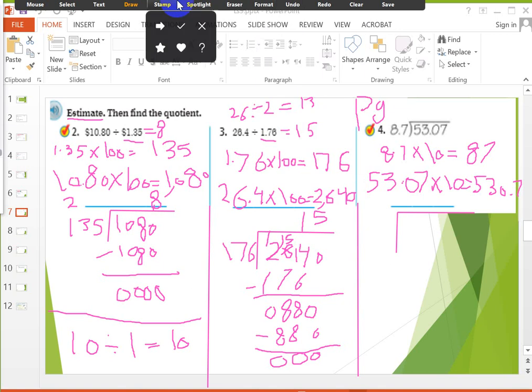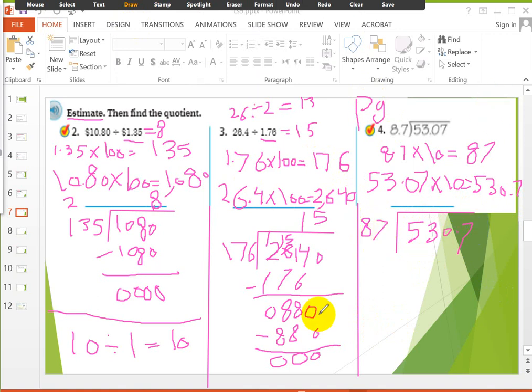Okay, now let's start the division. 530.7 divided on 87. Okay, now this is the point. Now 53, I will take the 5, I can't divide it on 87, so I will take the 3. 53, I can't divide it on 87, so I will take the 0. 530 divided on 87.